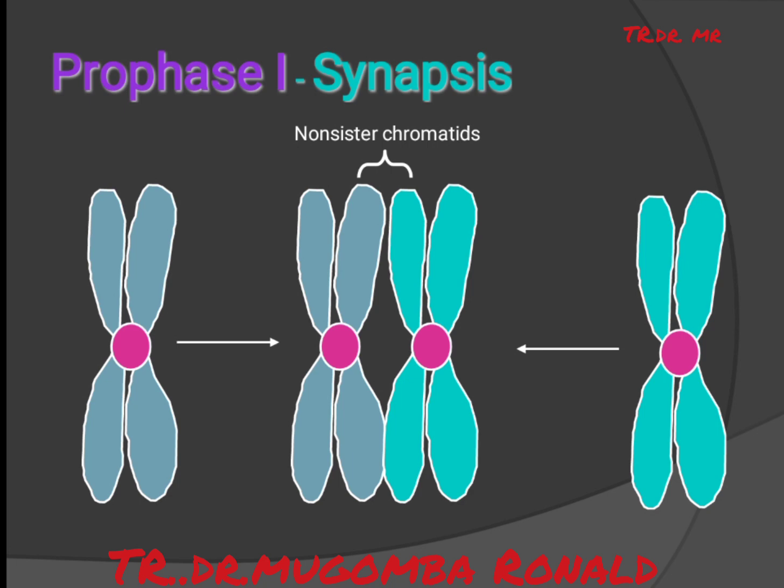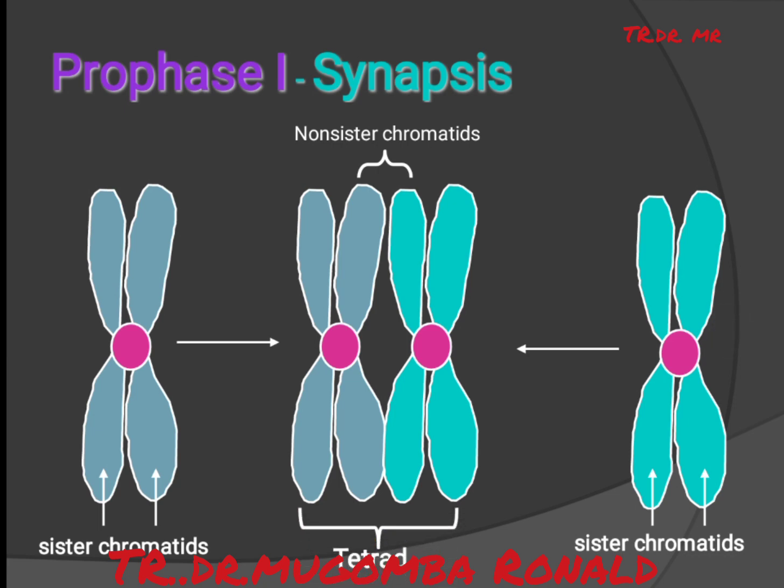The tetrad is made up of 4 chromatids, which are non-sister chromatids.